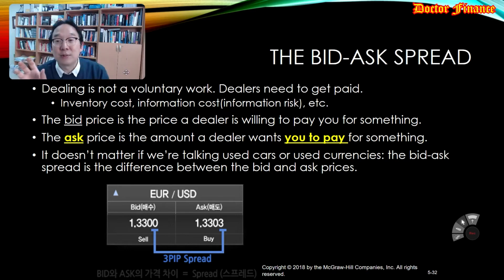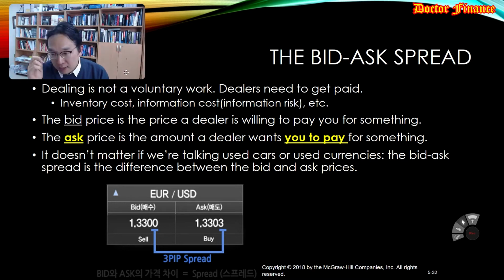So when you buy US dollars, 1100 is applied, and when you sell US dollars, they divide it by 1200 Korean won, and it seems like you are being ripped off. You feel like, oh, I'm being robbed, right? It has to do with this bid-ask spread concept.